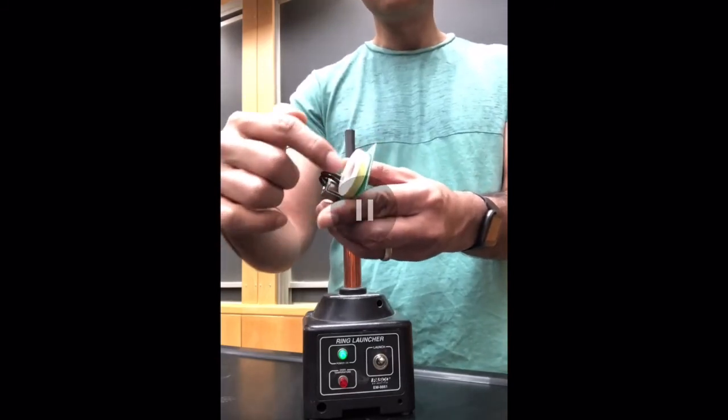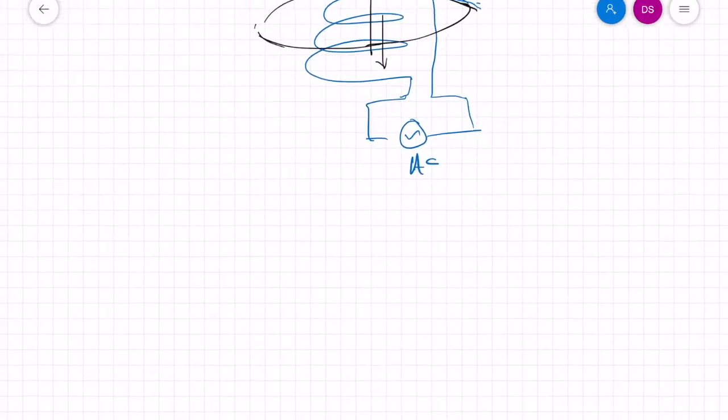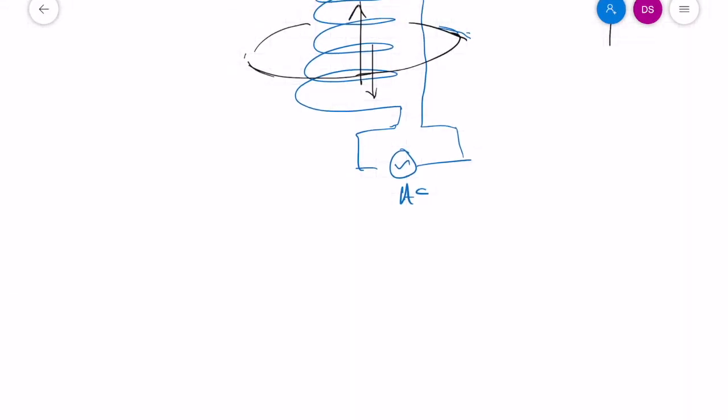Okay, now let me explain this. So I'll come back to this. Now for the next demonstration, I have the solenoid as usual, so there's a fluctuating magnetic field inside the solenoid.